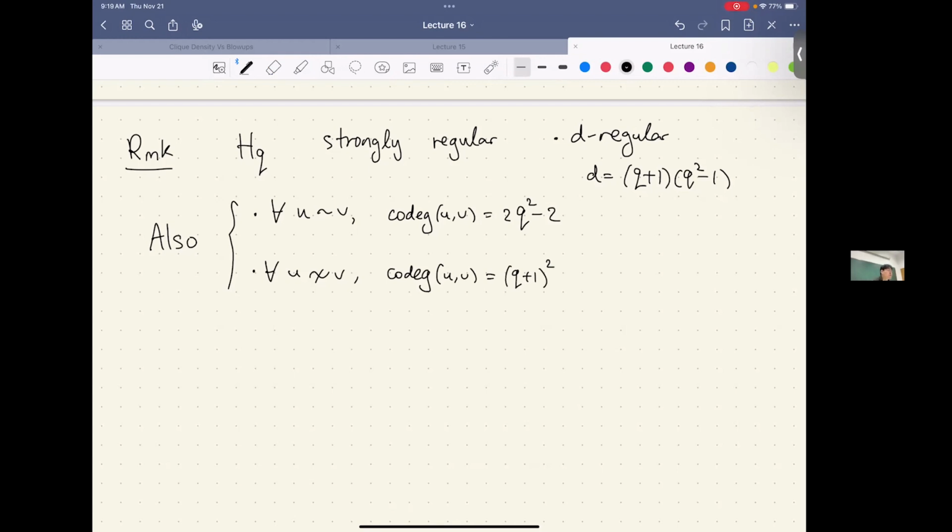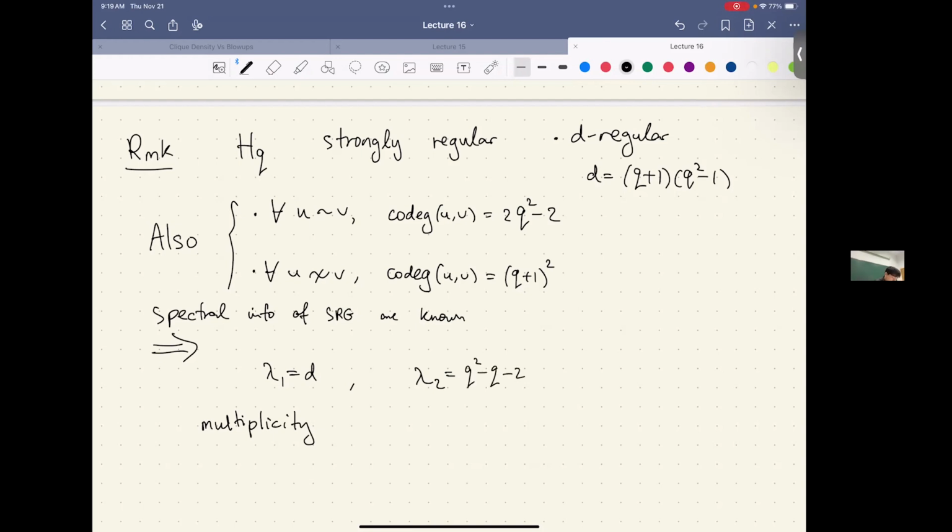And in spectral graph theory, the spectral information of strongly regular graphs is known. In particular, we know that lambda 1, the largest eigenvalue, is just the regularity D, and the non-trivial eigenvalue, lambda 2, the second largest one, is q squared minus q minus 2.